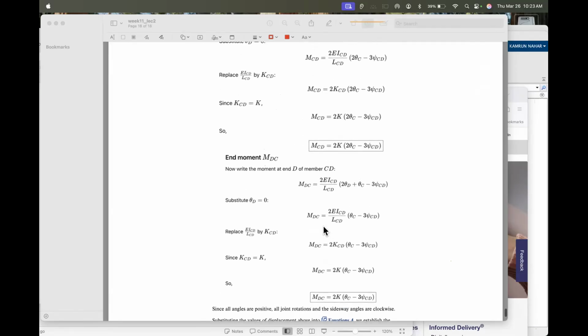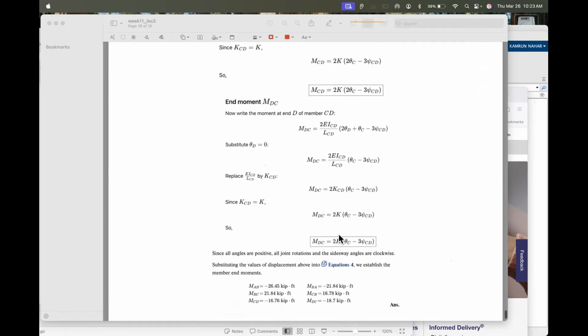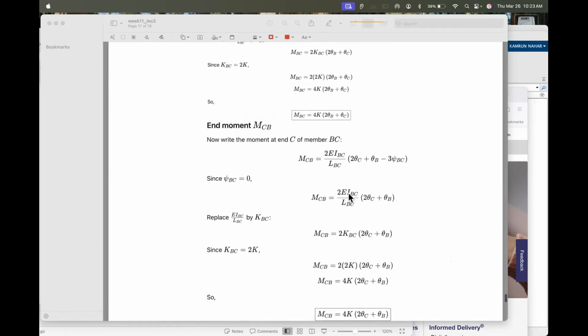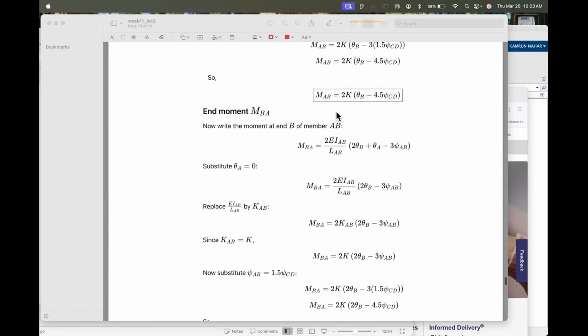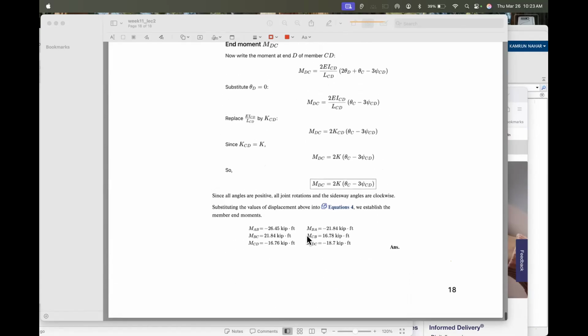We have 4 equations. One, this one, another one, this one, then this one, M_CB, then M_BC, and M_BA, M_AB. Okay, makes sense? And then after that, we just solve it.